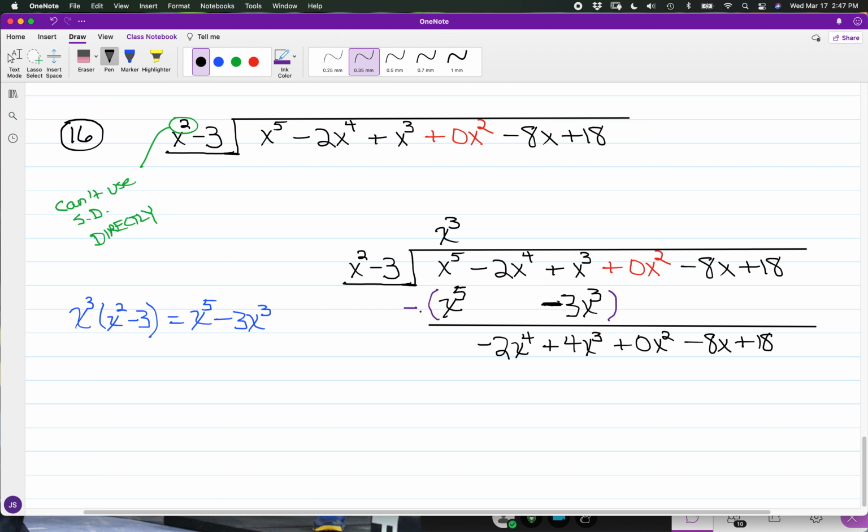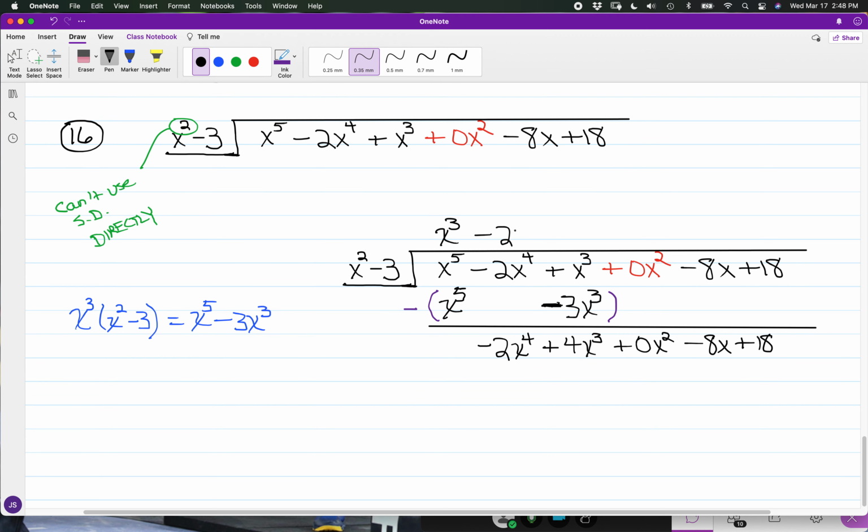In the next case, x squared into x to the 5th gives x cubed. Now we have x squared into negative 2x to the 4th, so negative 2x to the 4th divided by x squared will be minus 2x squared.